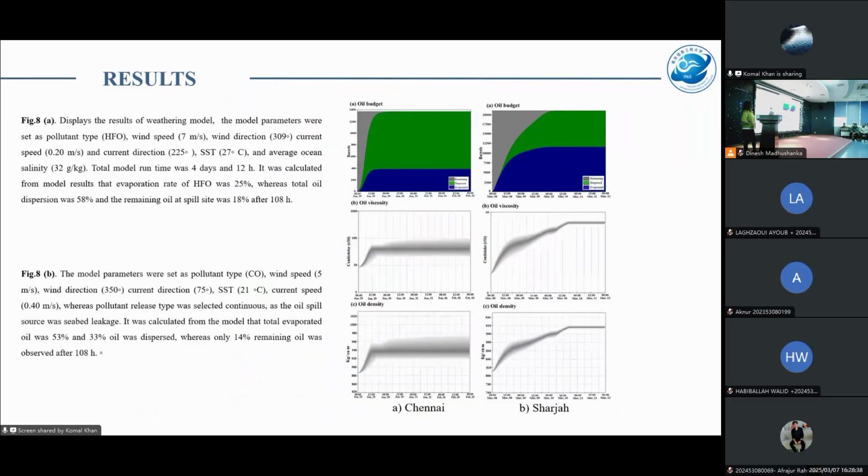Okay, so these are the results. We can call it oil budget, or we can say oil weathering.